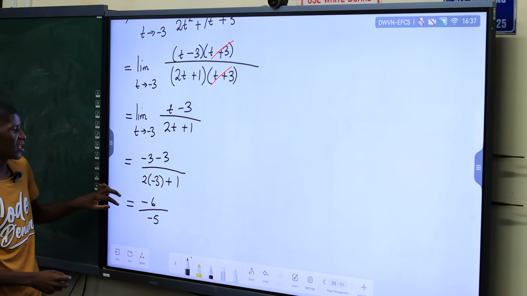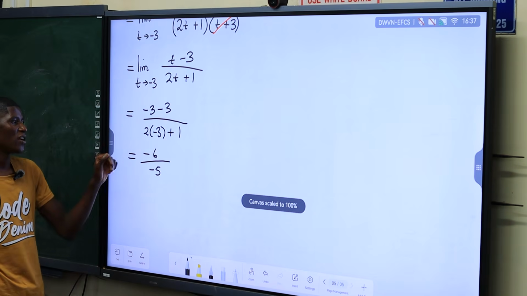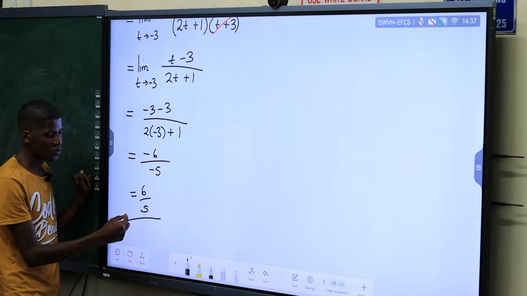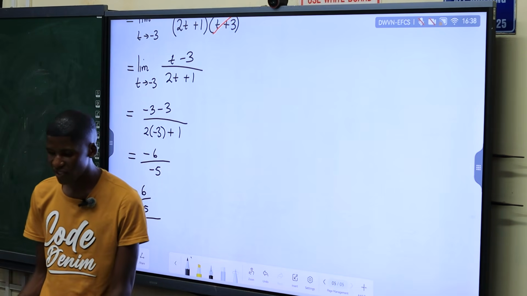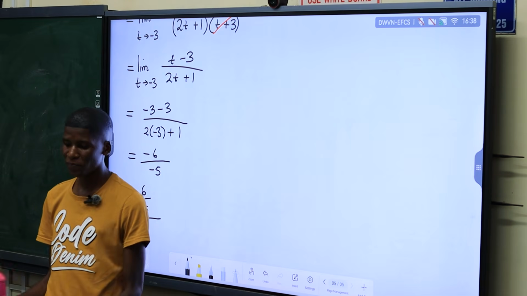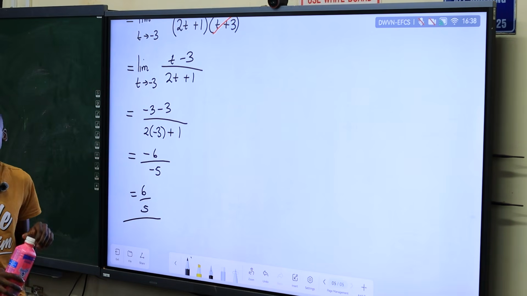Yes, 2 times minus 3 is minus 6, plus 1 is minus 5. So the limit is 6 over 5. So this is the value that y approaches as x approaches negative 3.